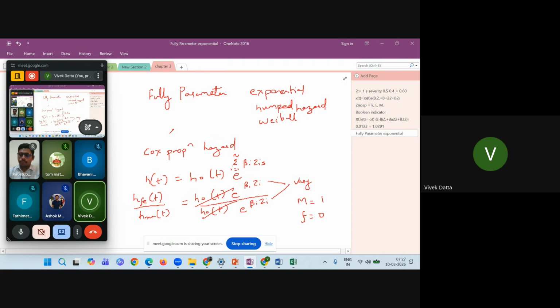Then, what are betas? Betas you can think of as magnitude: how much it impacts my overall hazard. So betas can be less than 0, greater than 0, or equal to 0. When we said it's less than 0, what happens to the hazard h(t)?